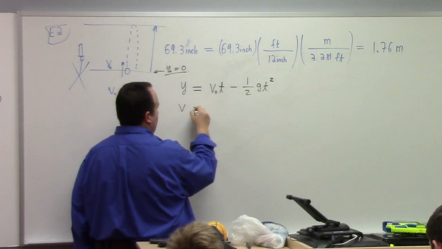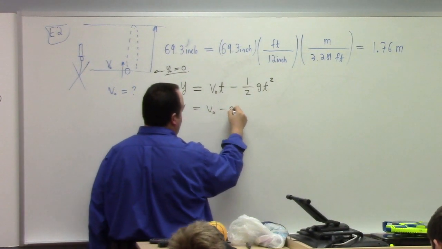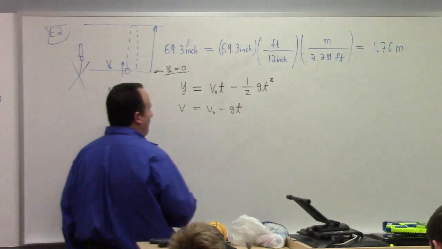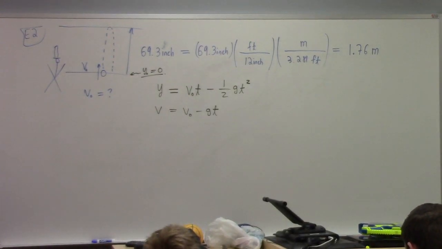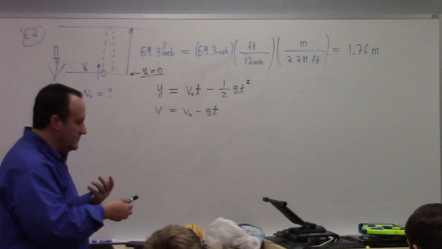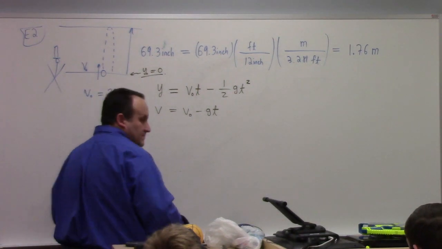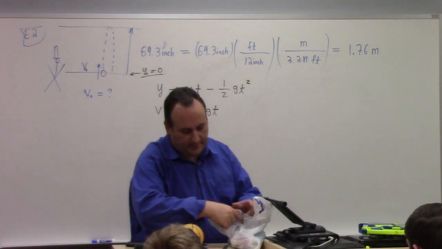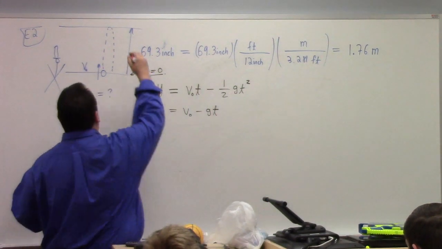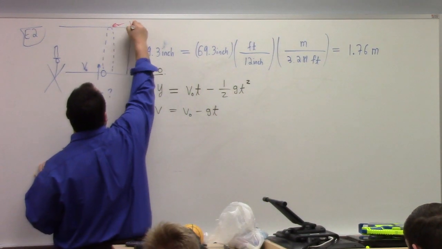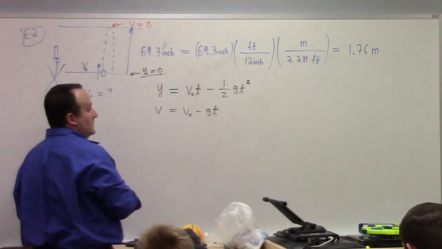Velocity, in this case, is v naught minus gt. Now we need to think about this. What can you tell me about the top of the flight? It's where the velocity was 0, right? So up here, we had velocity equal to 0.